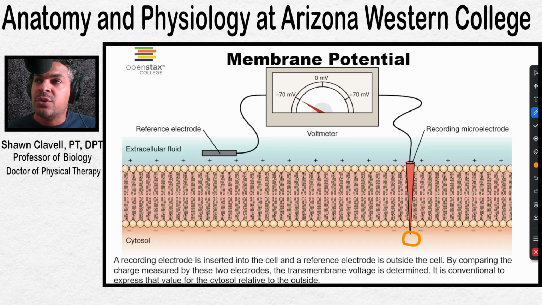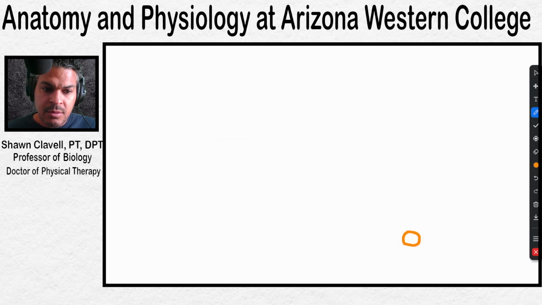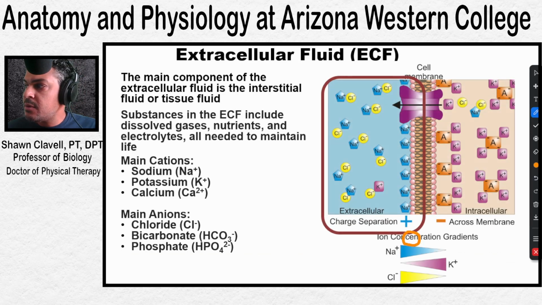Now, before we get too far ahead of ourselves, we should describe the state of a resting membrane potential. So at rest, pretty much you have a high concentration of sodium outside of the cell.